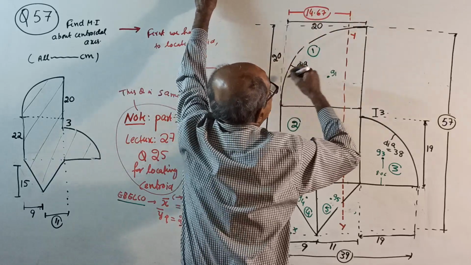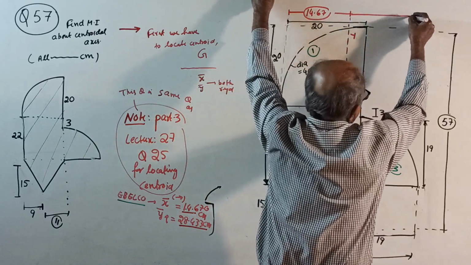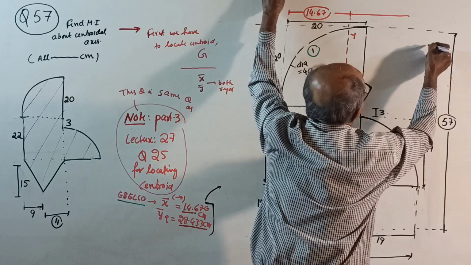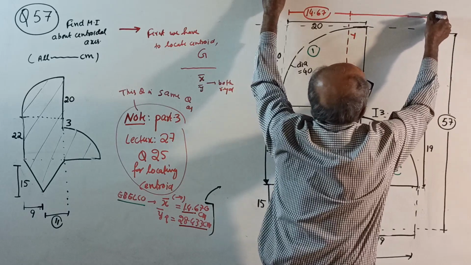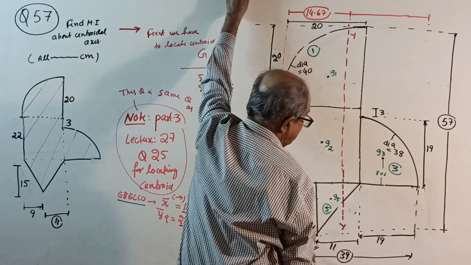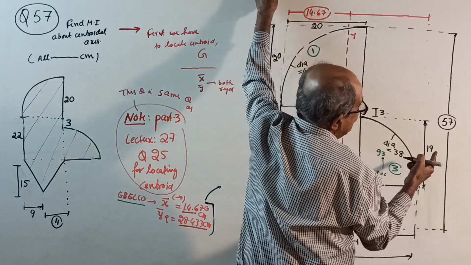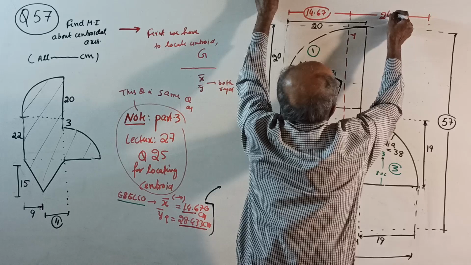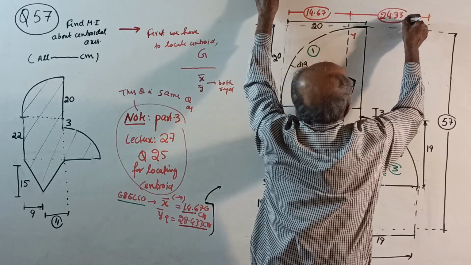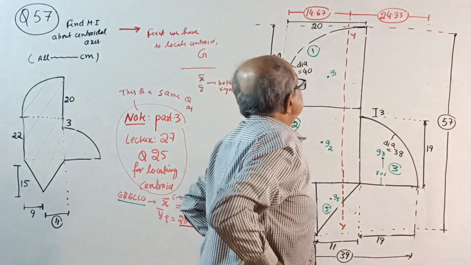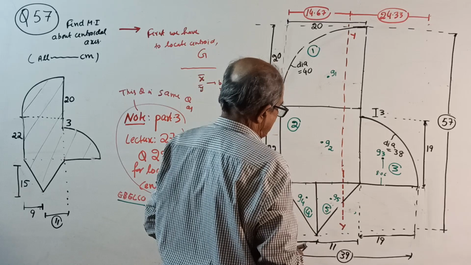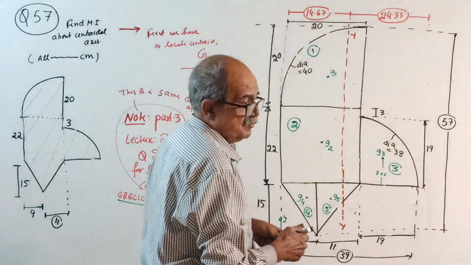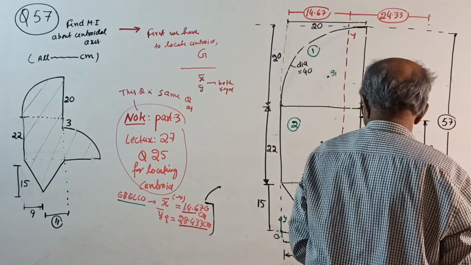If that is 14.67, from here to this extreme end is total 39 minus 14.67, which is 24.33. This is 24.33. I think it is visible in the camera. I will check it. Then correct answer? Yes, correct.